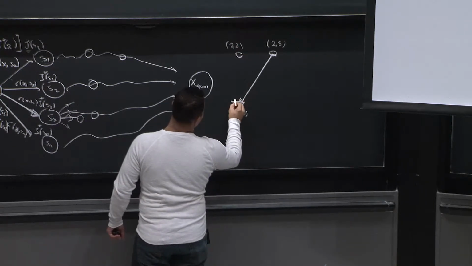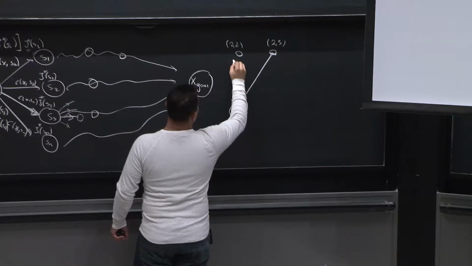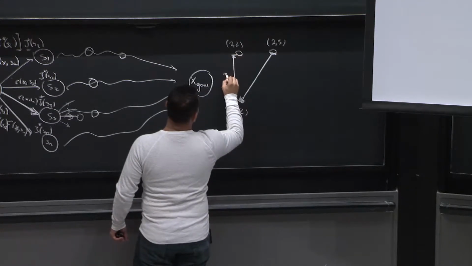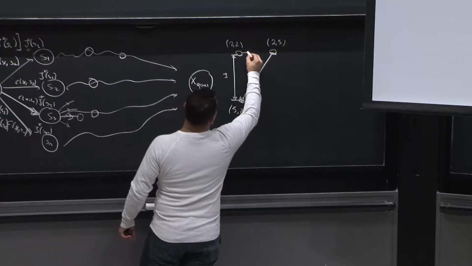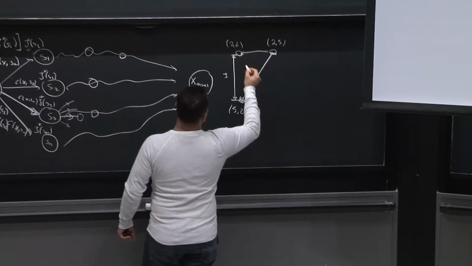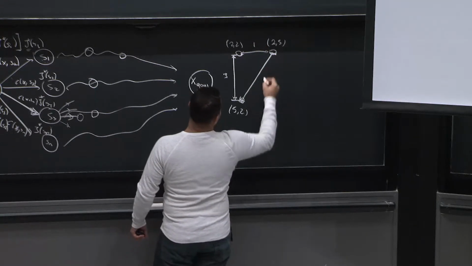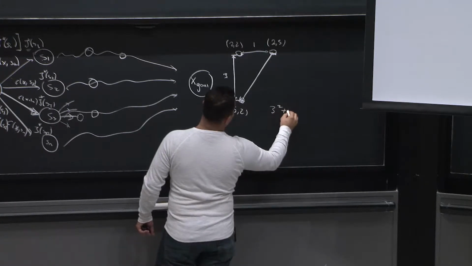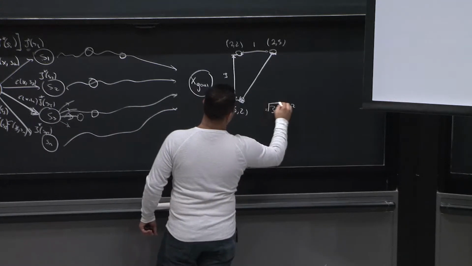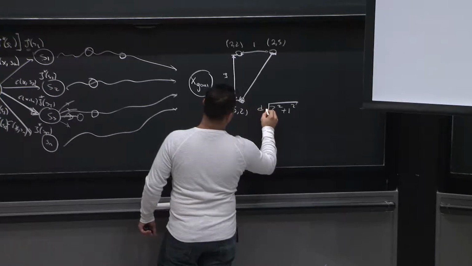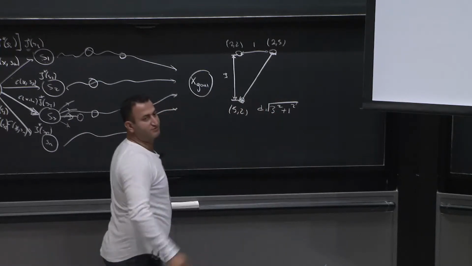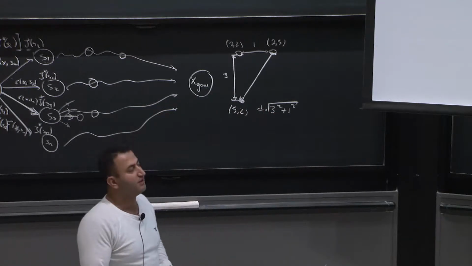So we know this is a length of 3, right? And we know this is 1. So the straight line distance is the square root of 3 squared plus 1 squared, and that's the value. So that's how you compute it.